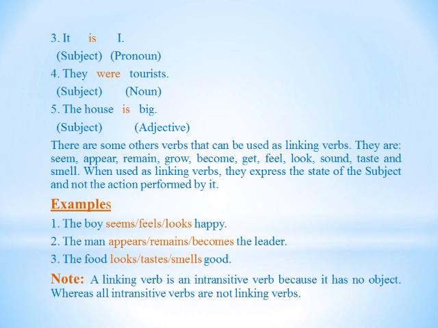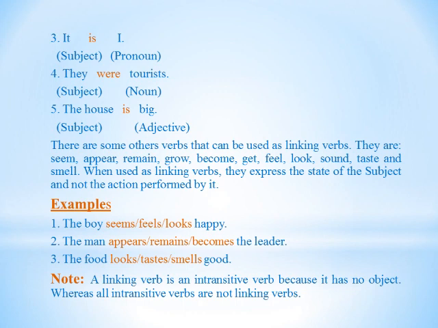Let's see the example sentences. Number 1. The boy seems, feels, looks happy. In this sentence, the linking verbs express the state of the boy. Number 2. The man appears, remains, becomes the leader.